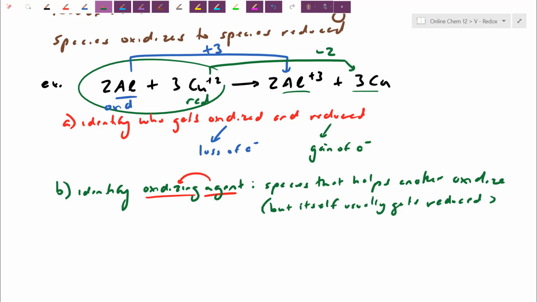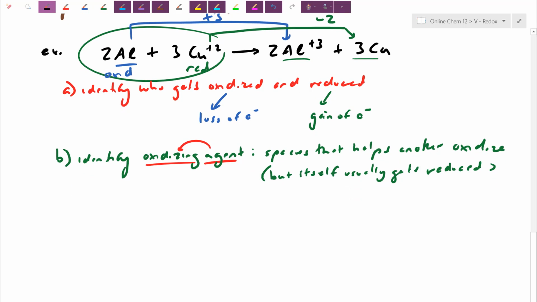Were it not for copper +2, the other ingredient, aluminum would just sit around not doing anything. So because copper +2 is in solution, copper +2 is actually the oxidizing agent. Copper +2 allows the aluminum to oxidize to Al+3.